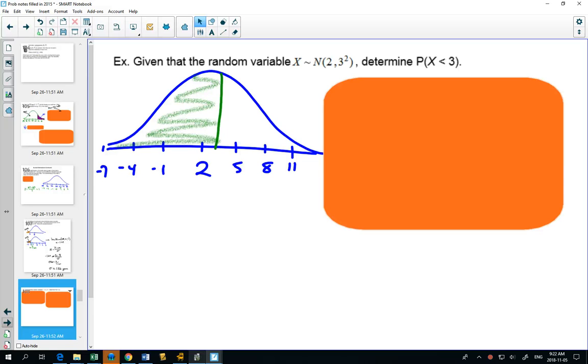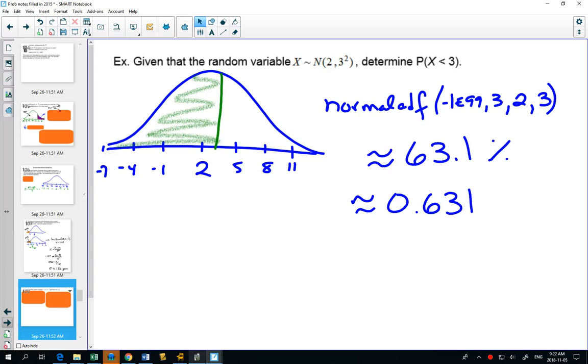And so the question here is, would we use normal CDF or inverse norm? Normal CDF, because you're finding the probability.